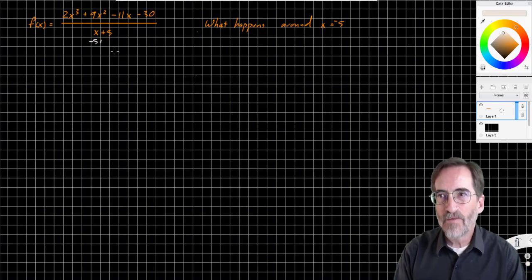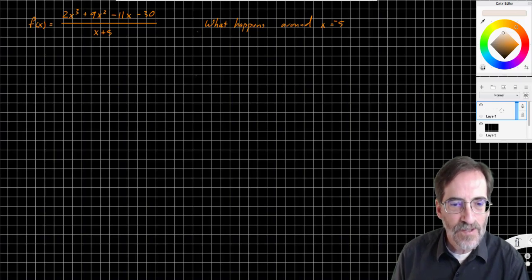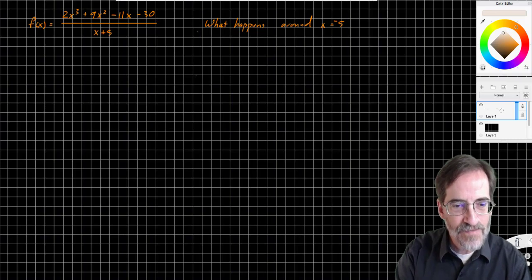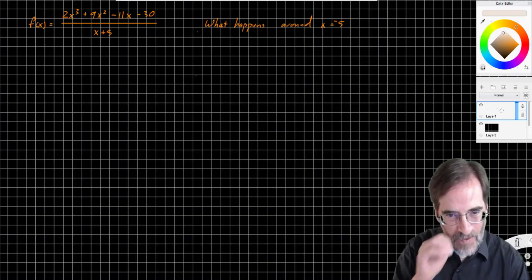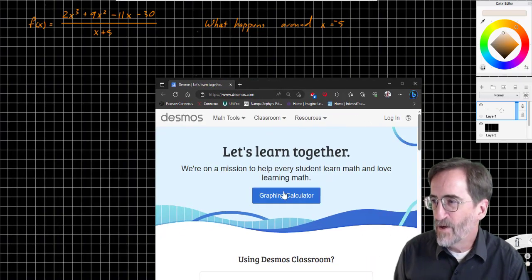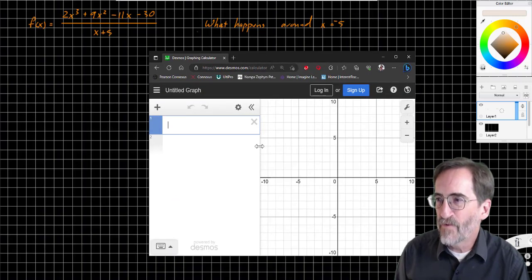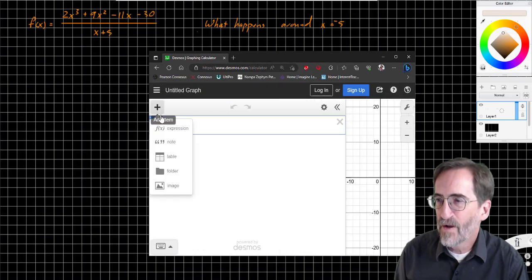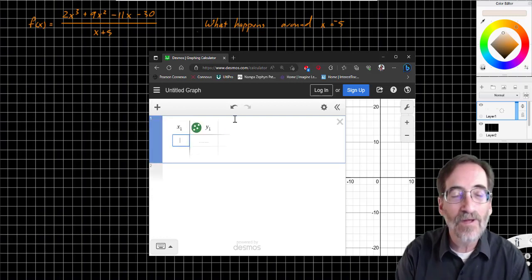Let me pull up Desmos here to help make sense of this. Here we go, graphing calculator. I'm going to use the table feature here, and I'm going to put in a value near 5.